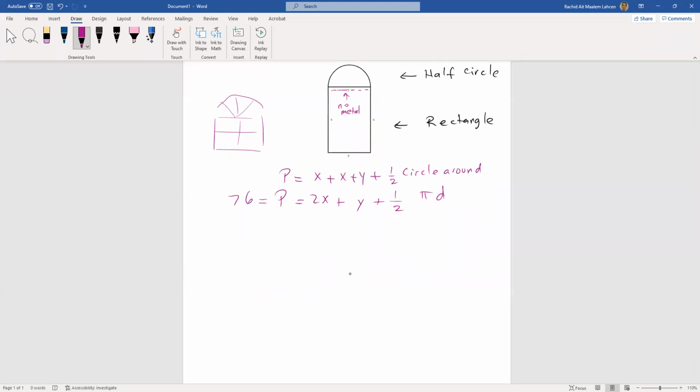There is no d, the diameter. So the diameter is y, and anywhere you think about d is going to be replaced with y. Or if you're thinking about radius, it's d over 2, so the radius is going to be y over 2, anywhere we need it. So half of the circumference, and 2x plus y equal that 76.